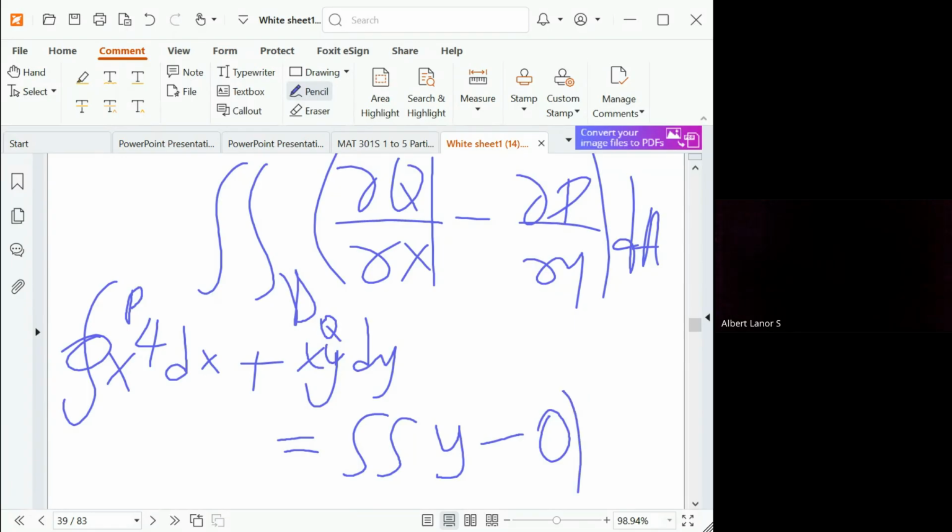When you differentiate x^4, you get 0, dA. Now this dA in this case is going to be the dx dy or dy dx, depending on the region.